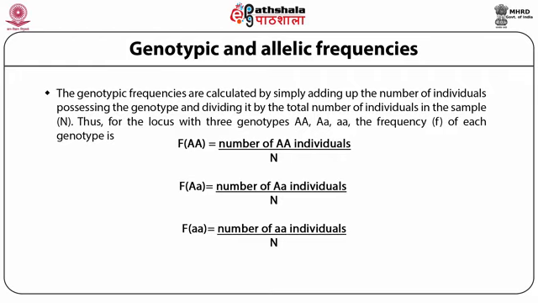Similarly, the frequency for capital A small a can be calculated by dividing the number of capital A small a individuals by the total number of individuals in the sample. Likewise, the frequency for small a small a, which can also be denoted as the homozygous recessive genotype, can be calculated by dividing the number of small a small a individuals by the number of individuals in the sample, denoted by the letter N. The sum of all genotypic frequencies should always equal 1.